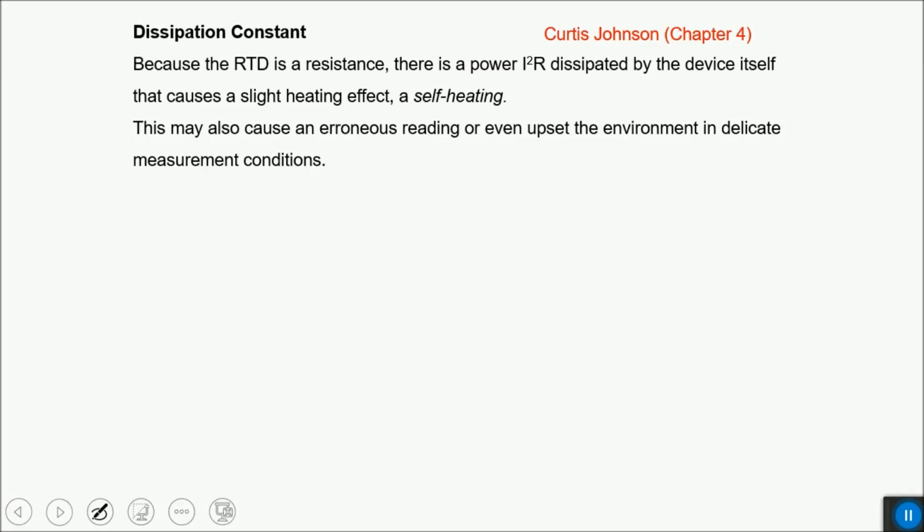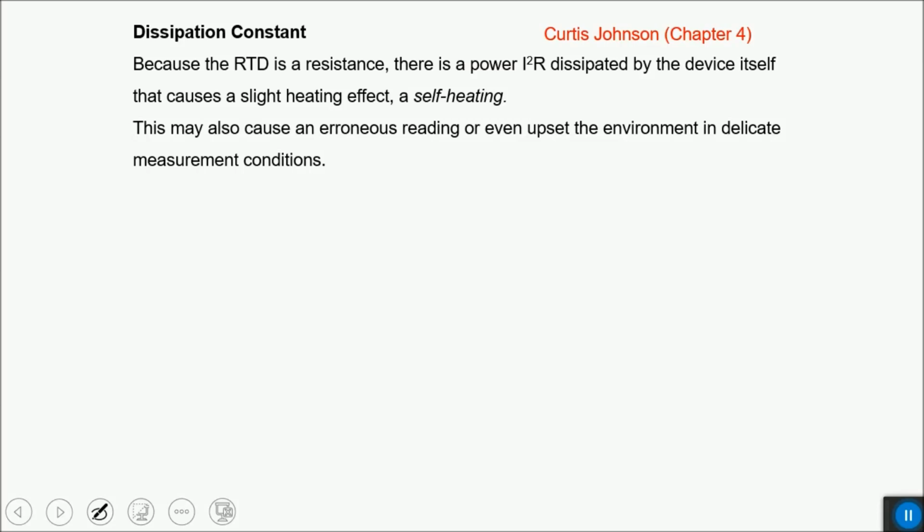And it can also upset your delicate environmental conditions. For example, your environment was very, very delicate, and it had to be maintained at a certain temperature with an accuracy of 0.01 degrees Celsius, and if the temperature rises above or below that, your operation will be affected.